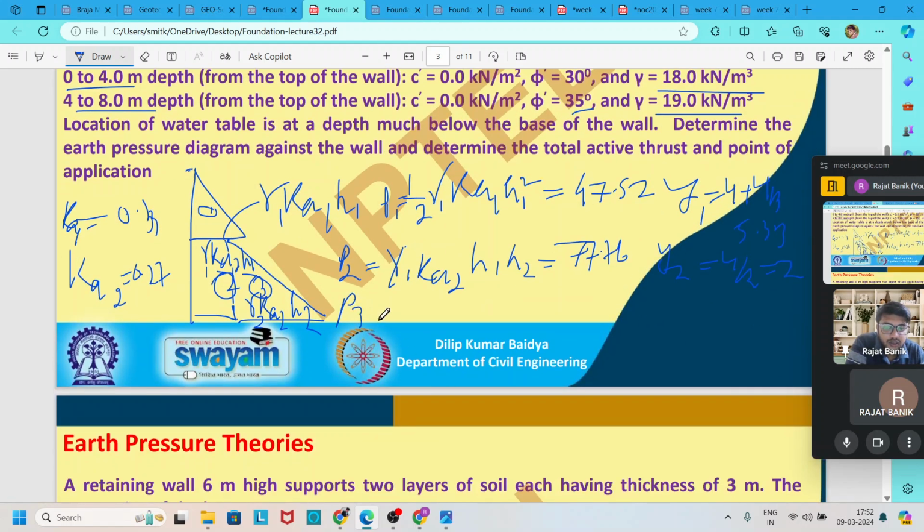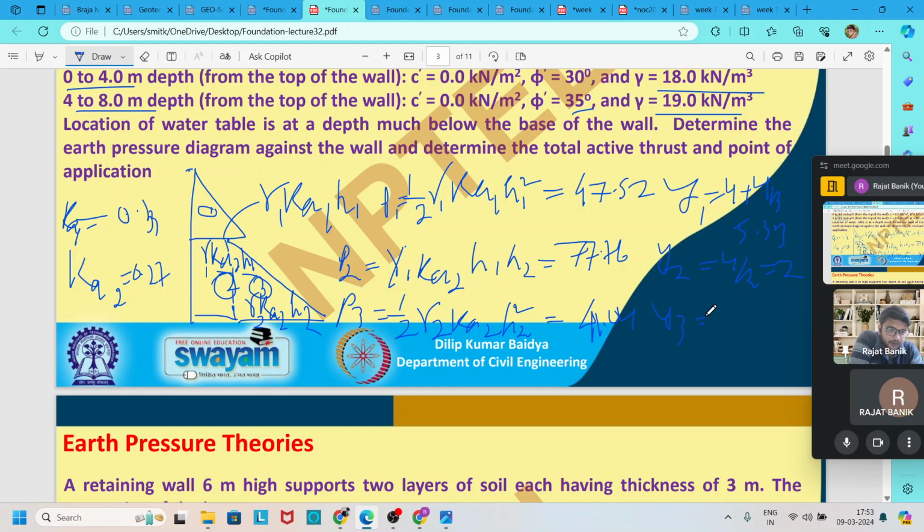Then P3 is half gamma 2 Ka2 H2 square and it becomes 0.5 into gamma 2 is 19 into K2 is 0.27 into H2 is 4 square, and it becomes 41.04.